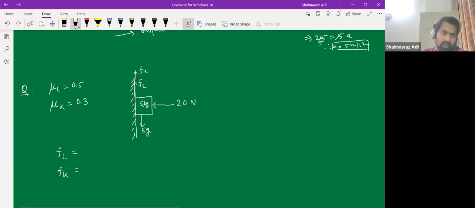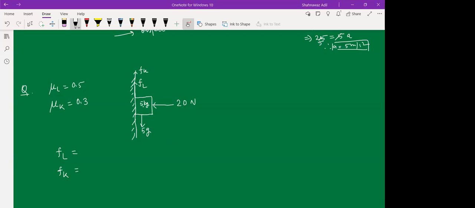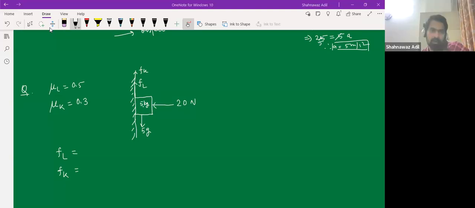One moment, guys. Okay, FL you are getting 25 Newton and FK 15 Newton. RKB is getting FL 25 Newton, FK 15.